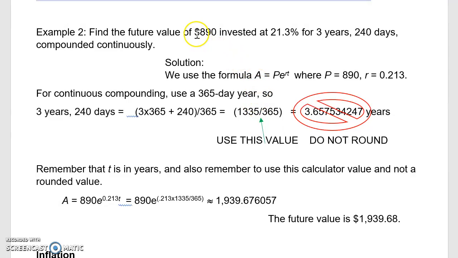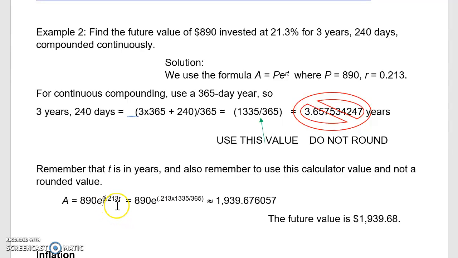And plugging 890 in for P in the formula, multiplying that by E, which I don't need the multiplication sign unless it makes me feel better. And when I raise it to the exponent power, make sure you put in open parentheses in that exponent, but it's not going to let me, of course.